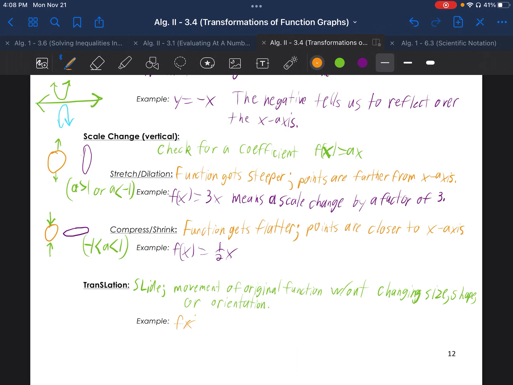So an example would be like f of x is equal to x plus 2.